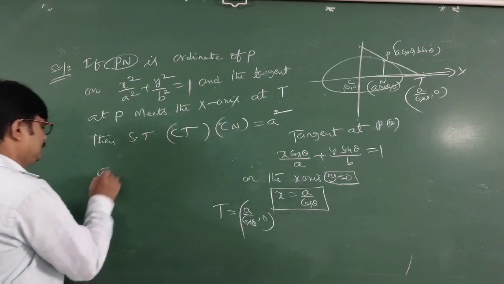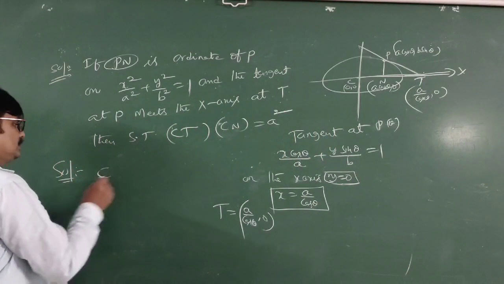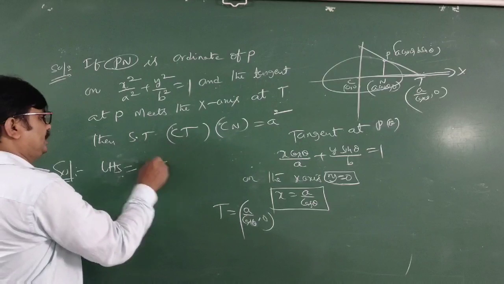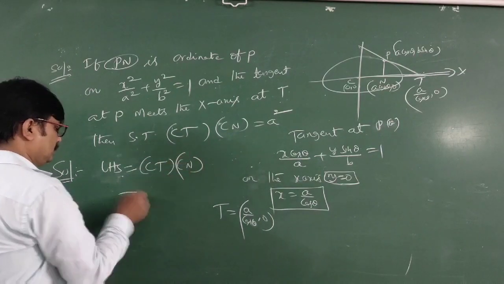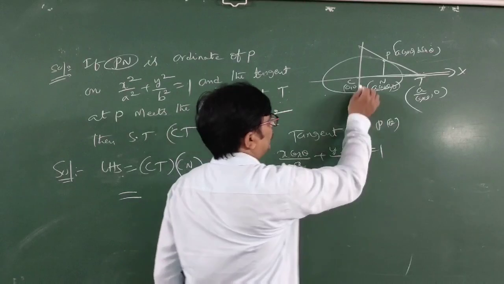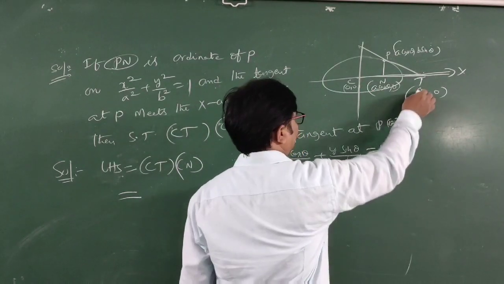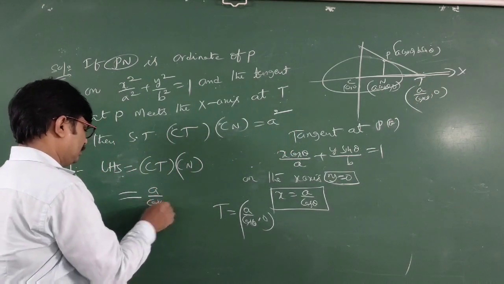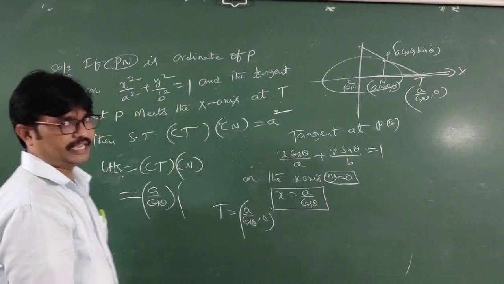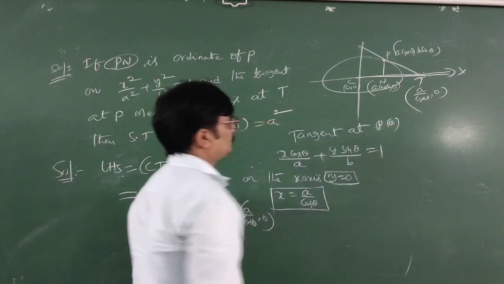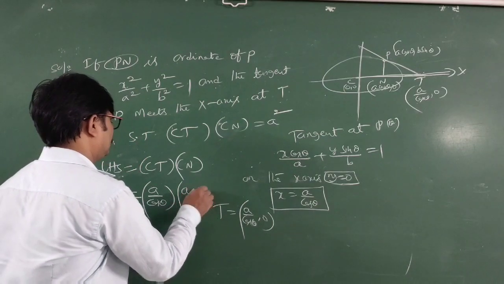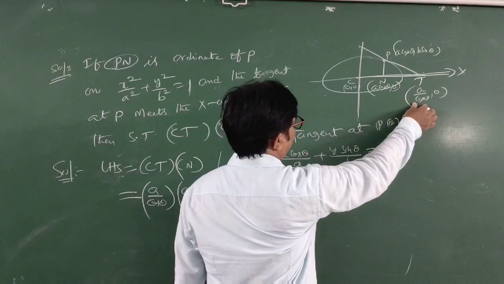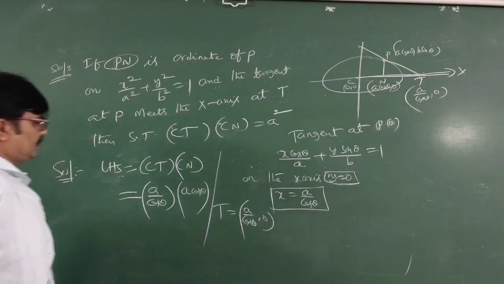Now we find Ct into Cn. Ct is a by cos theta, and the length Cn is a cos theta.